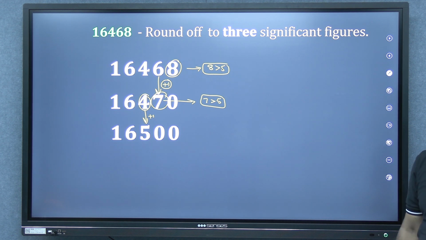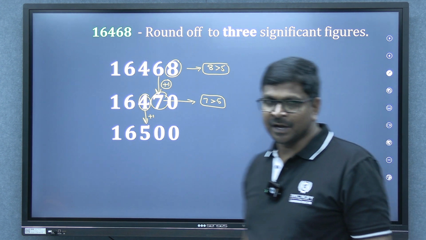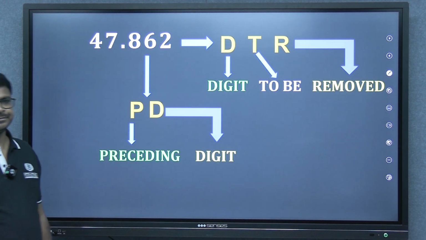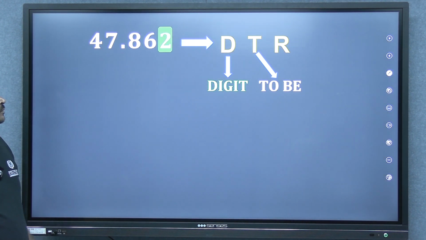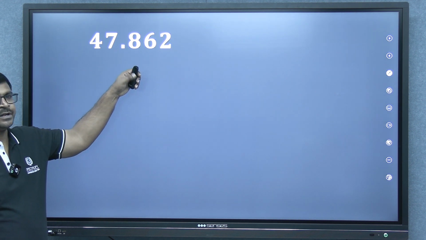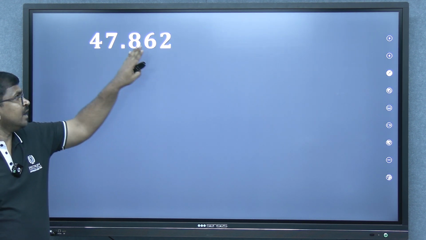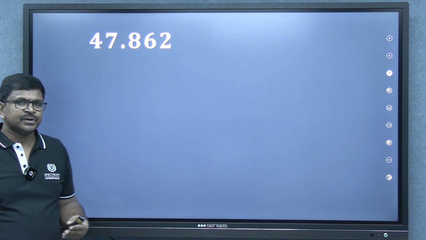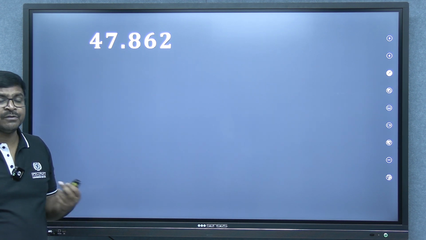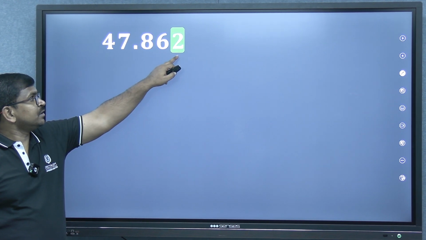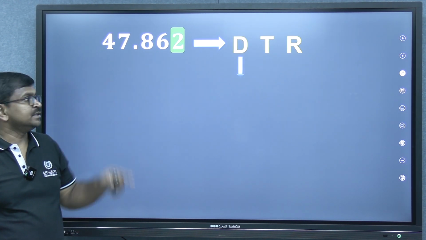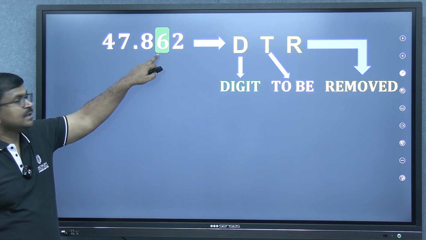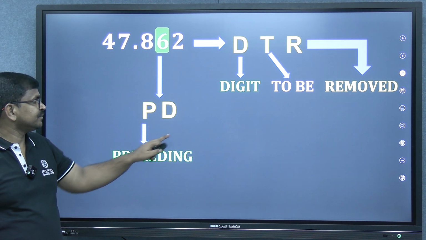Aryan is asking, sir, can you explain again? Yes, Aryan, I am explaining again. Listen carefully. Suppose I have a measurement and I want to remove these 6 and 2, or I want to remove 2. How to do rounding off? We need to understand one terminology. The last digit is called the digit to be removed, that is DTR, and the digit preceding the DTR is the PD, the preceding digit.